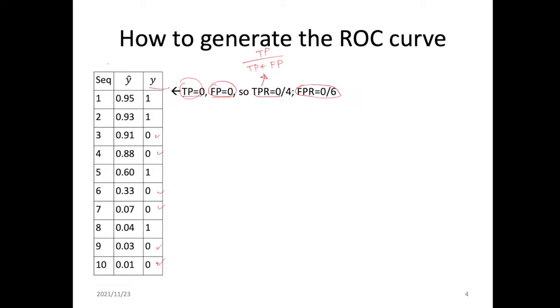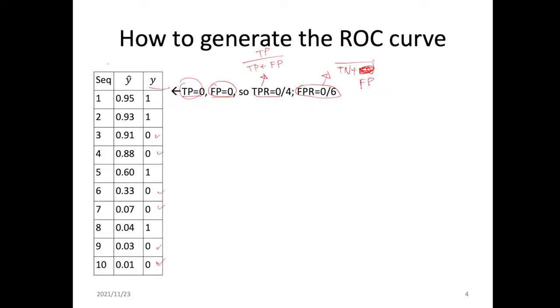So in the denominator you should put the number of truly negative examples, which should be true negative plus false positive.